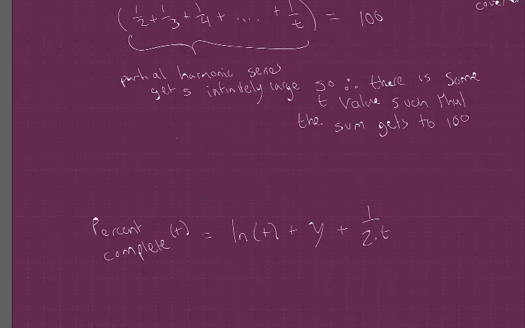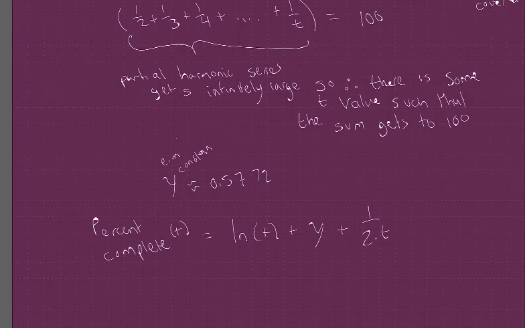And this constant is called the Euler-Mascheroni constant. And it is approximately equal to 0.5772.